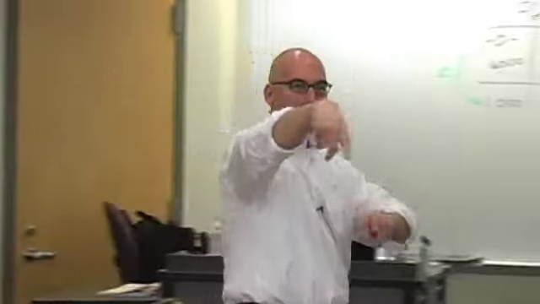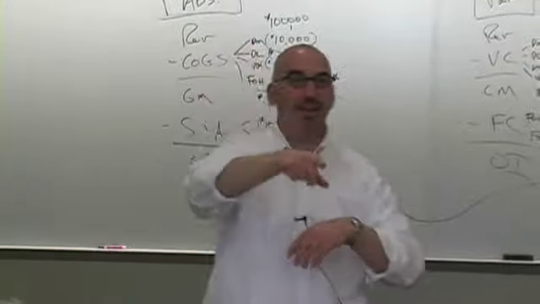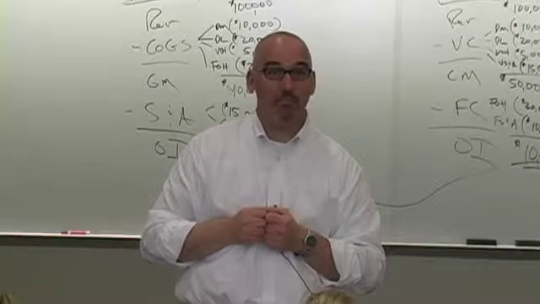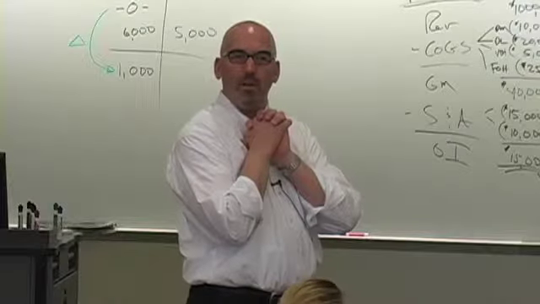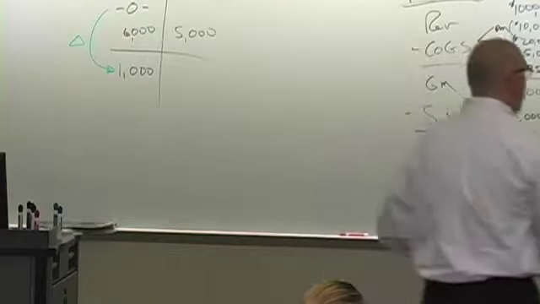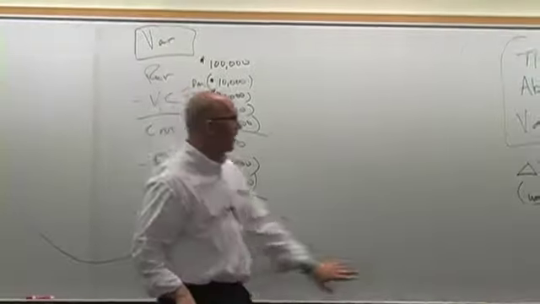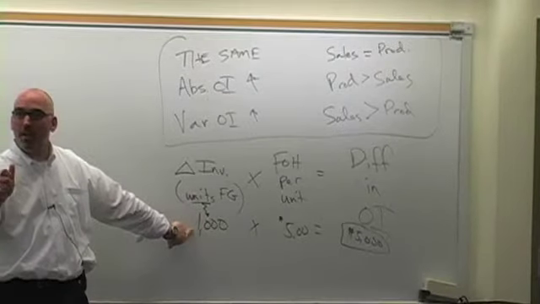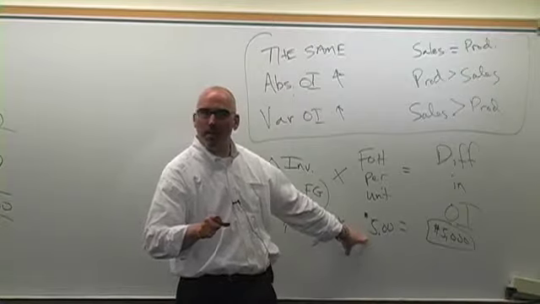When you said you could just give us the $10,000 and we wouldn't have to do this, I don't understand what we would have done then. Can you explain it again? We would have taken this number and filled out this. We would have asked what the change in inventory was: 1,000. What was the fixed overhead per unit? $5.